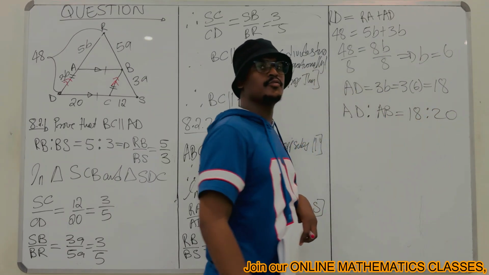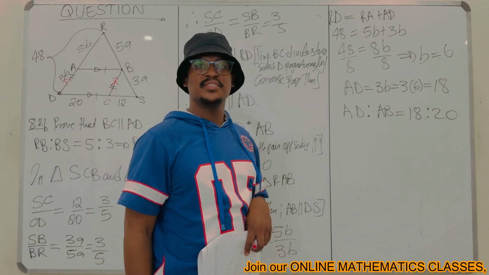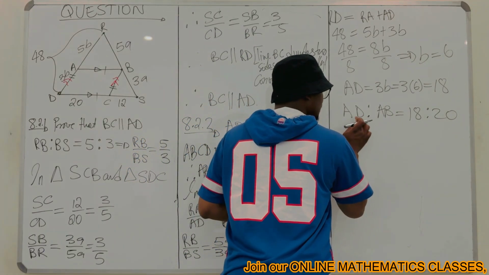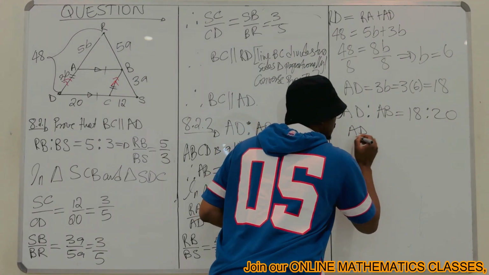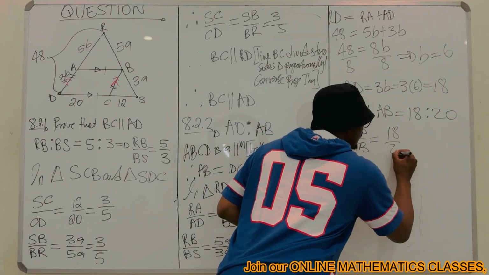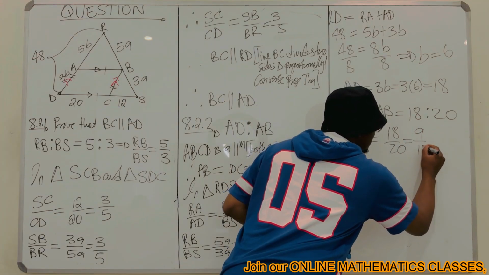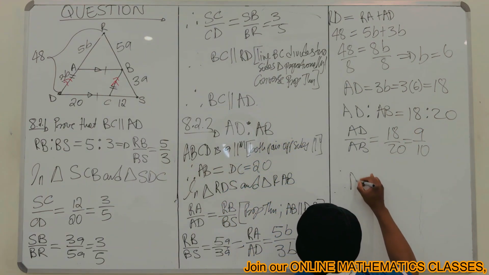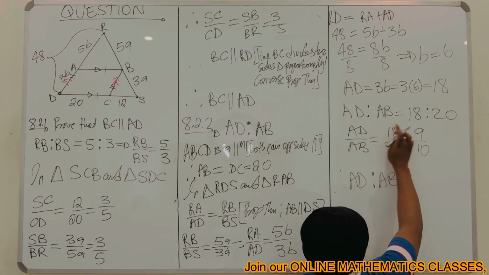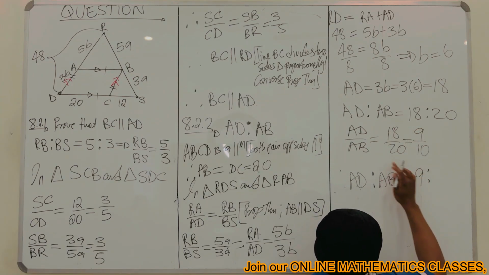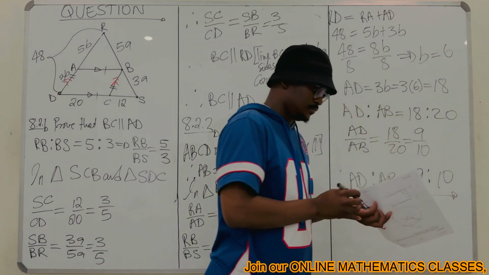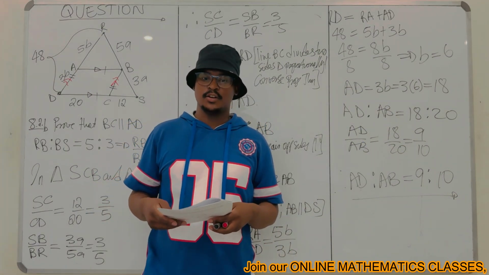But this is not the simplest form. So if you want the simplest version of it, AD over AB is equal to 18 over 20, which is equal to 9 over 10. Therefore, the ratio of AD to AB, AD corresponds to 9 and AB corresponds to 10. Here is your simplest ratio.